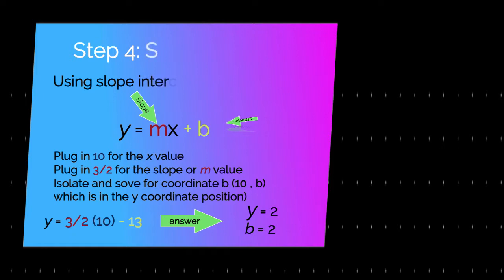So we've got to plug in 10 for the x value and solve for y. We have everything else; the only thing we're missing is our y coordinate. So with simple algebra, we isolate the variable and we end up with y equals 2. And in this case, y is your b.